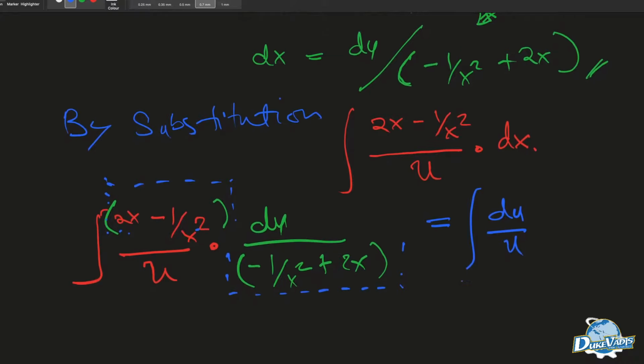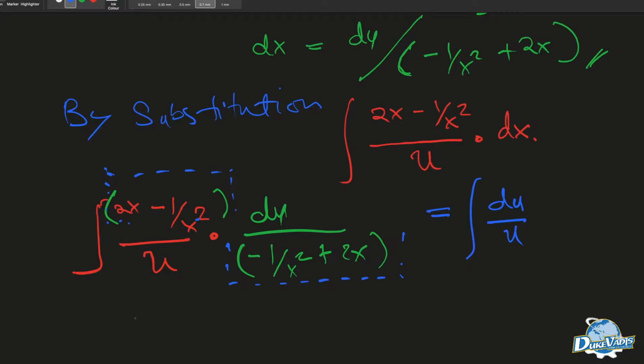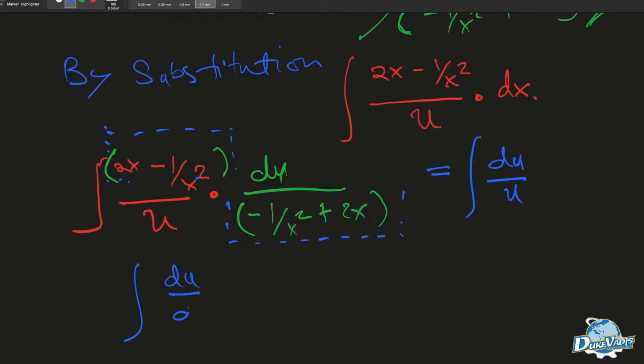So now we know that when we integrate du over u, our answer will be natural log of u plus c.